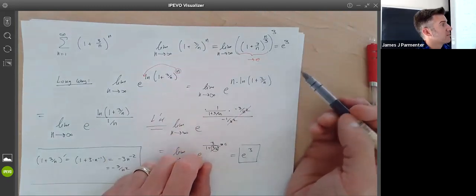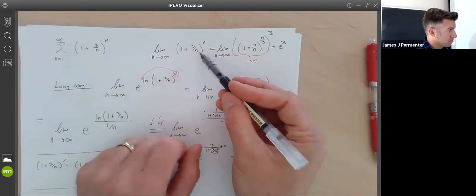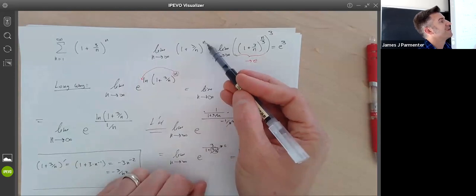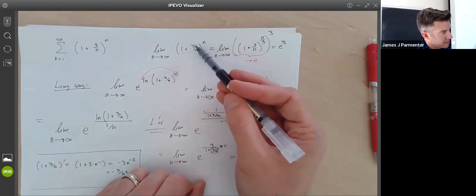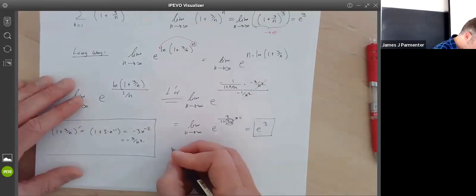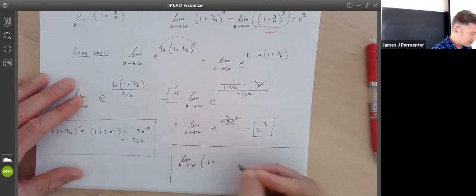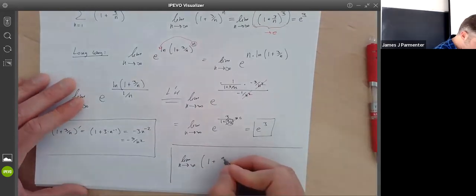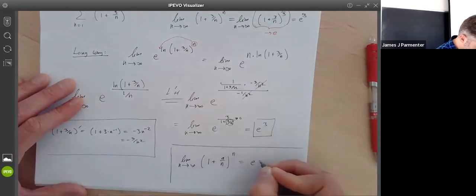So if you have n in the denominator, like you do there, and then you raise it to the power of n, it's just e to that numerator. Yes, so you could totally say that the limit as n goes to infinity of (1 plus any number a you like over n) to the nth power is going to equal e to the a.